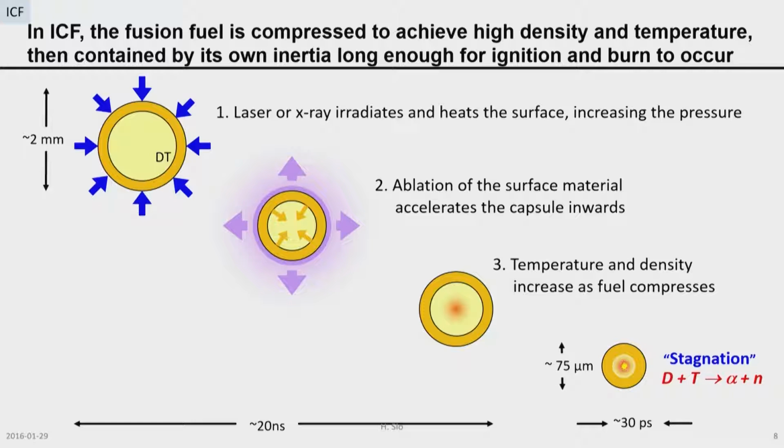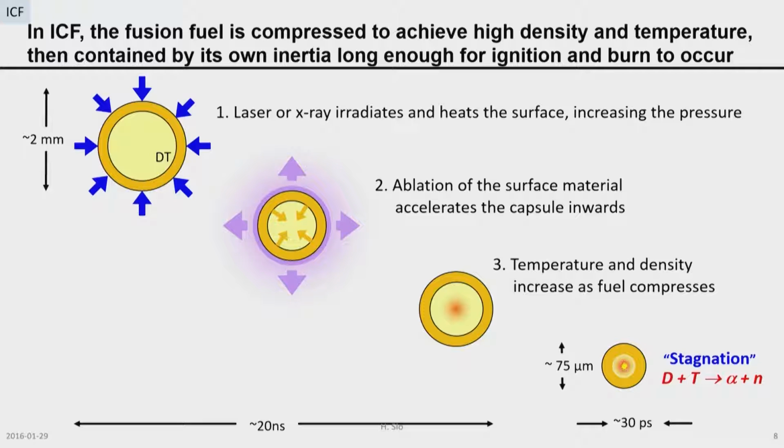Finally, you reach the last stage, what we call stagnation, where you have assembled a hot spot and surrounding it a layer of cold DT ice fuel. The goal is to have the fusion alphas from the hotspot deposit their energy in the cold DT ice, burning that, and then setting off a hopefully propagating burn wave.